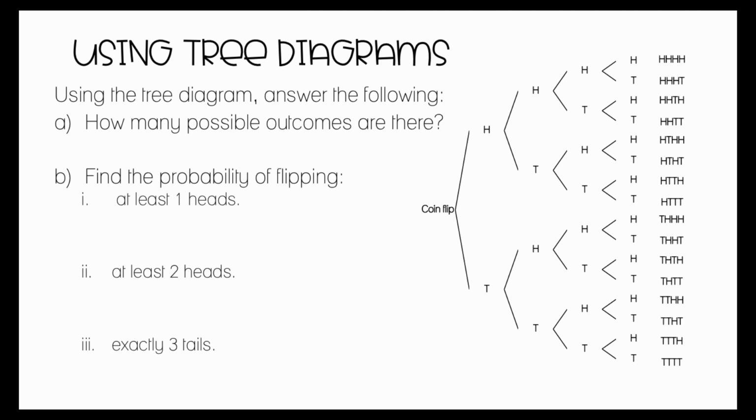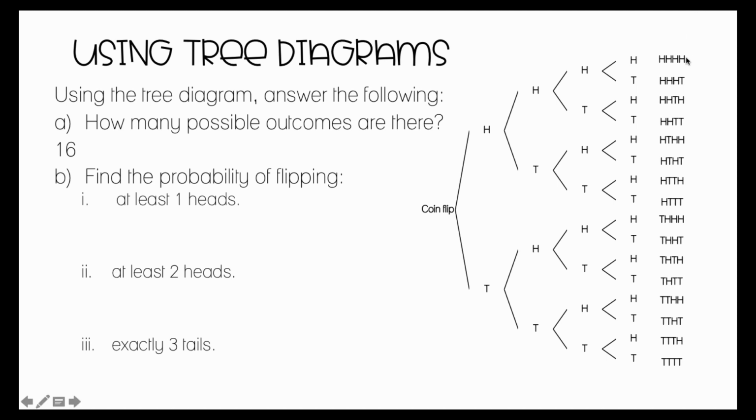So this is a really good way of showing the different possible outcomes that we could get, the different combinations. And it can work for when you have a large number of different possible outcomes, and we're going to look at that in an example later. So in total, how many possible outcomes are there?